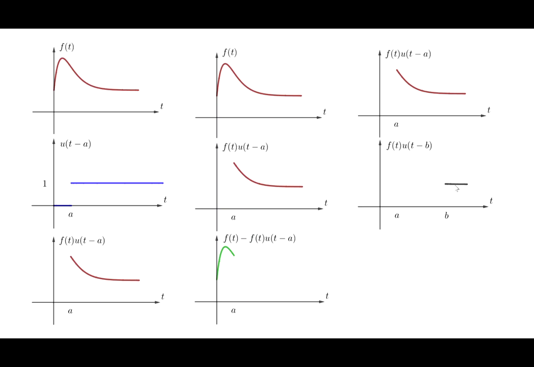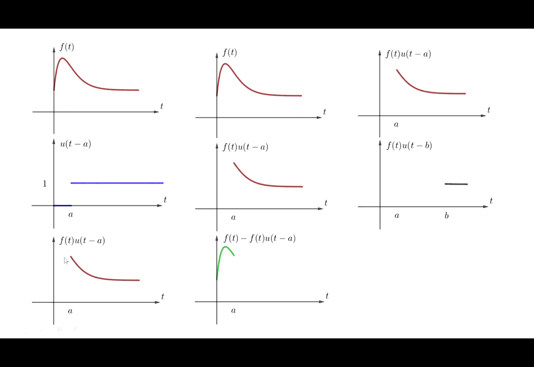What? F of t u of t minus b. What did f of t u of t minus a look like? How did the graph of f of t u of t minus a look?